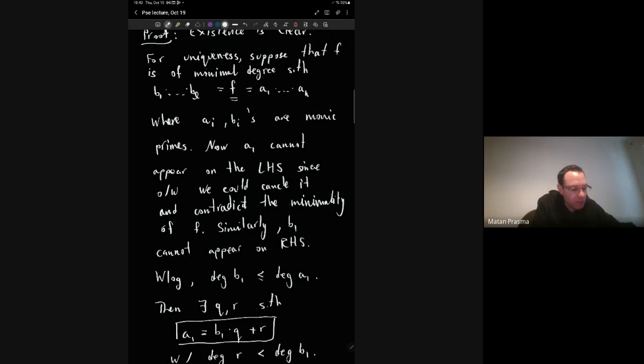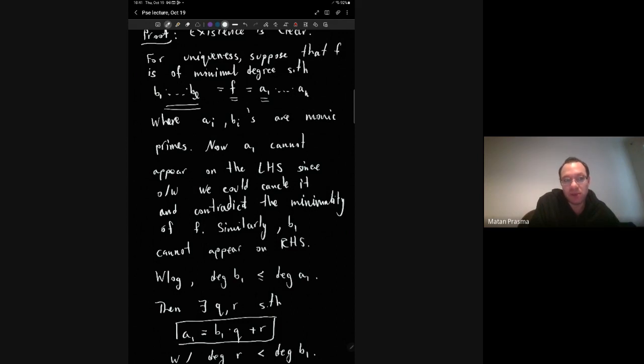Now, because of the minimality of f, a1 that appears here cannot appear anywhere here, because if it would, then I could cancel it out on both sides, and I would get two different factorizations of a polynomial of a lower degree than f, right?